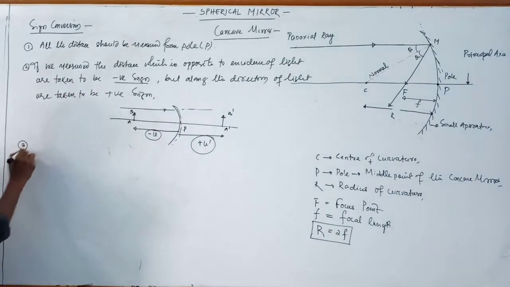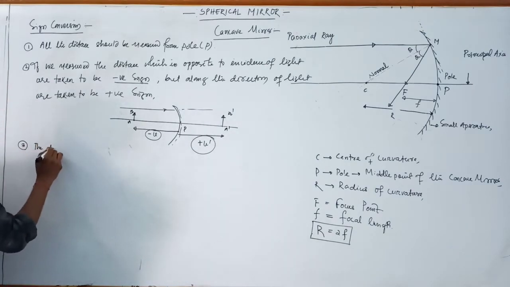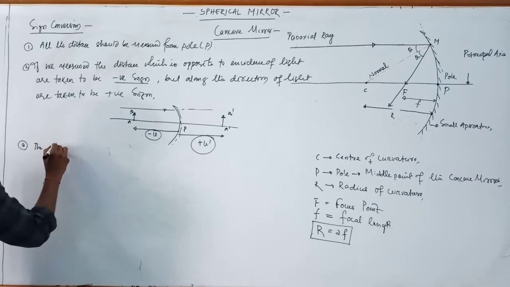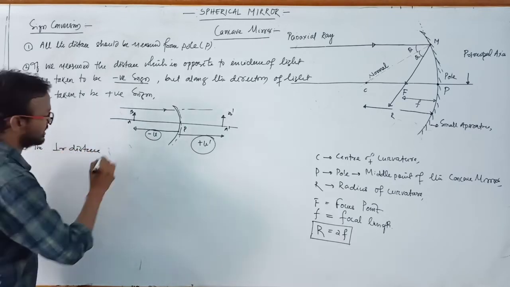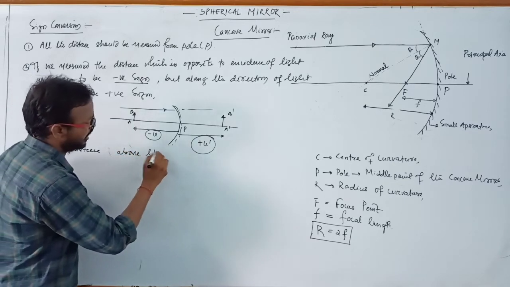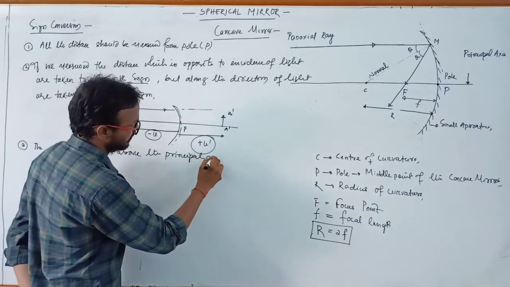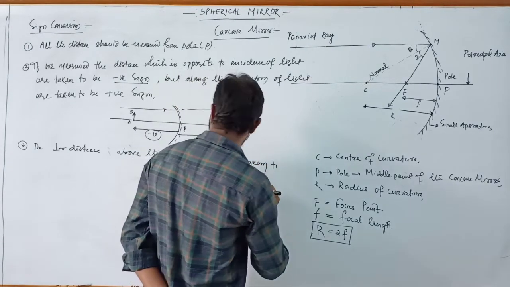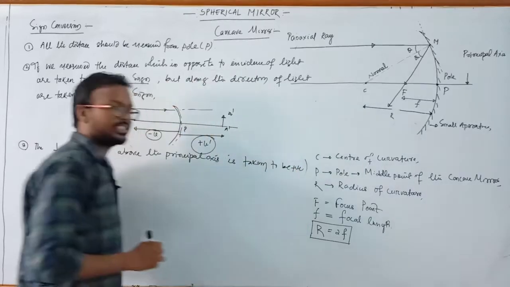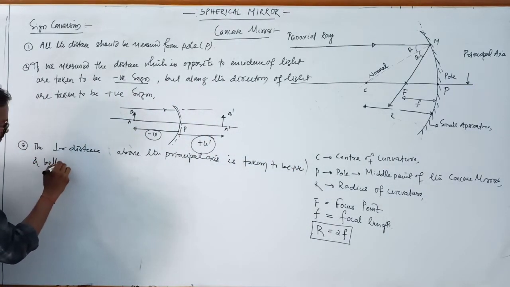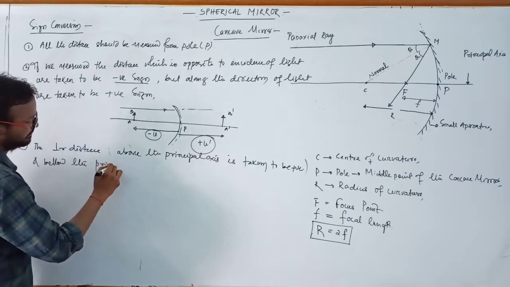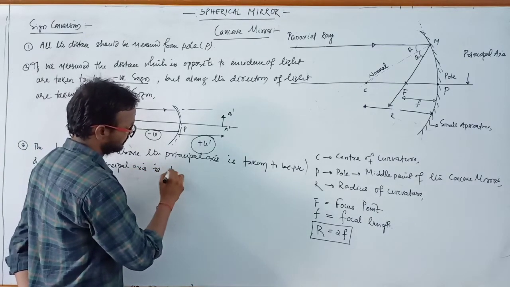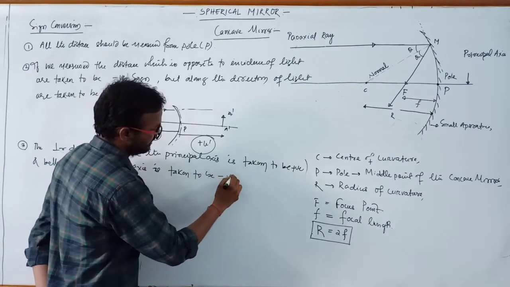Clear? Next, point number 3: the perpendicular distance above the principal axis is taken to be positive, and below the principal axis is taken to be negative.